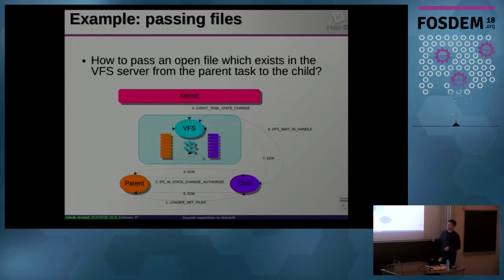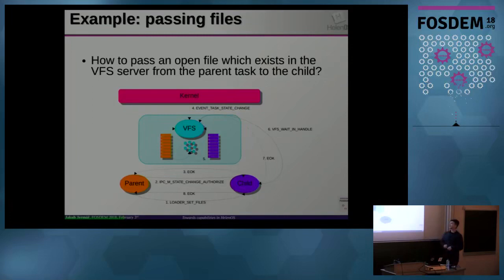And when it says okay, both of them identify the common server. The kernel notices the positive reply to this message and sends an IPC notification to the VFS server. The VFS server then proceeds to actually duplicate the entry in the parent's open file table and creates a new entry in the child's table.